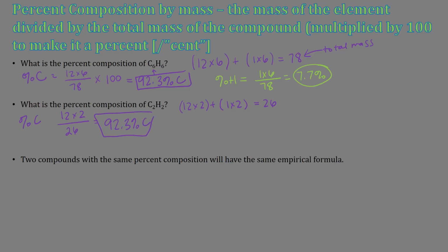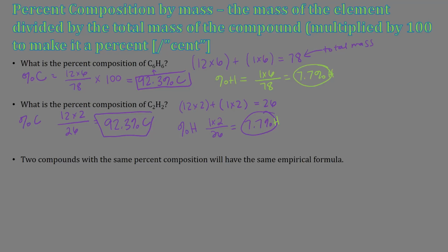All right, and then for percent of hydrogen, you do the calculation if you want, but you do end up getting 7.7%. All right, so this one's for hydrogen and this one's for hydrogen.